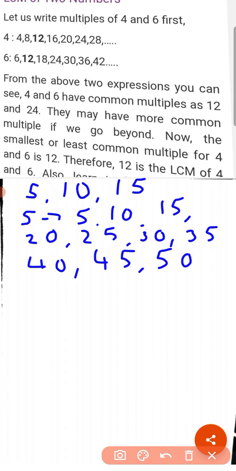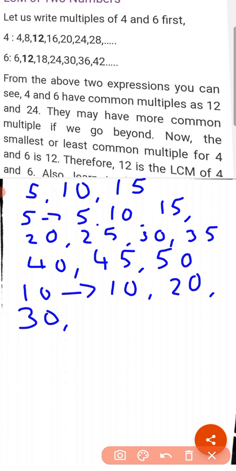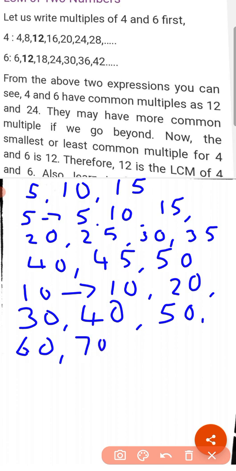Then write the multiples of 10: 10, 20, 30, 40, 50, 60, 70, 80, 90, 100.